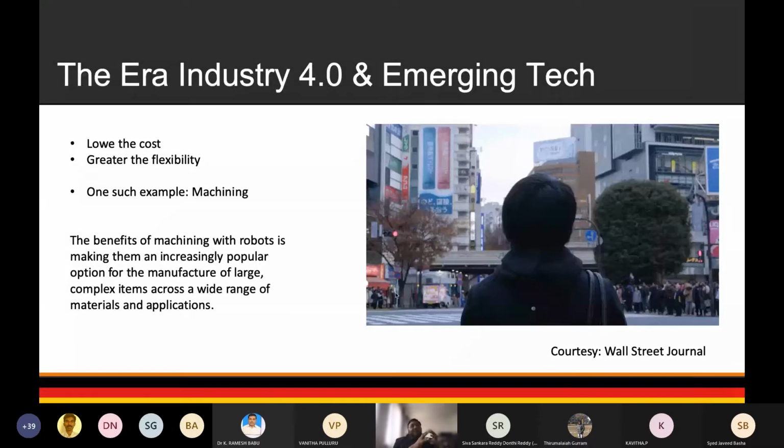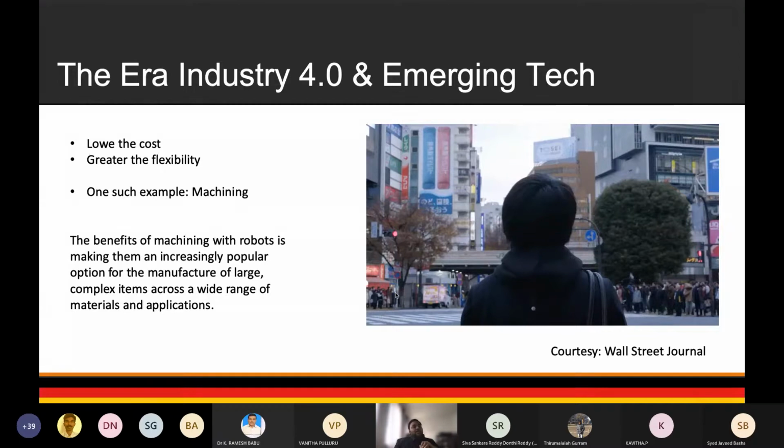And not only this, when we are moving into the era of Industry 4.0 and emerging tech, as I mentioned, we need to follow low cost and also great flexibility, and how this flexibility is adopted into good results. One such example is machining, and how the machining is happening, which you already studied in your subjects.